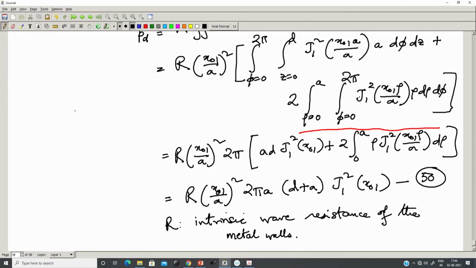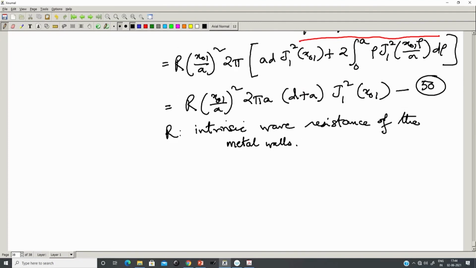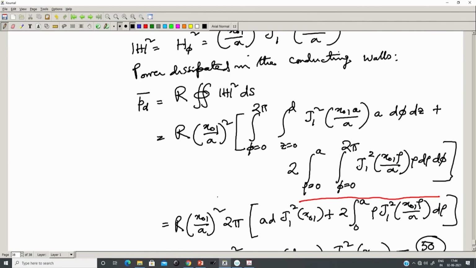So, now the Q of the cavity is given by omega W by P d bar, which we have already found out.